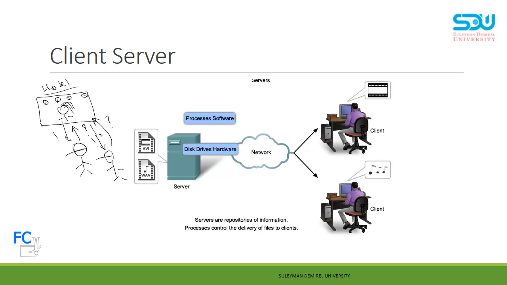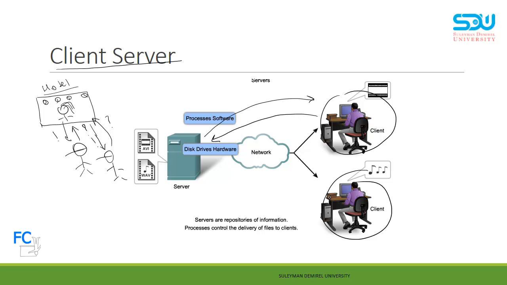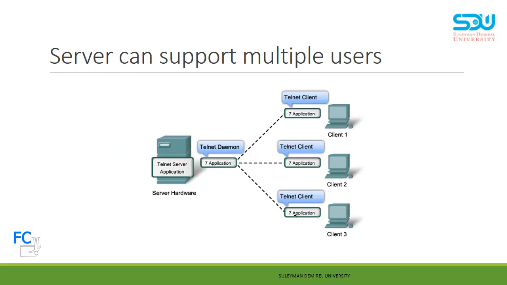So this type of communication we call the client-server type of communication, when the clients are taking something from the server. For example, can you give me the video file? Yes, here it is. Can you give me this audio file? Yes, here it is. Like centralized communication. One server can support multiple users.